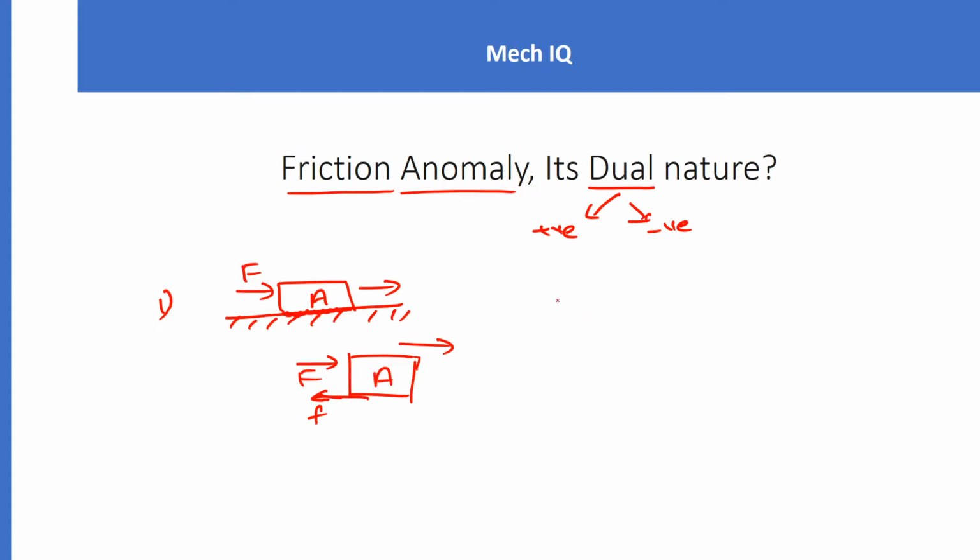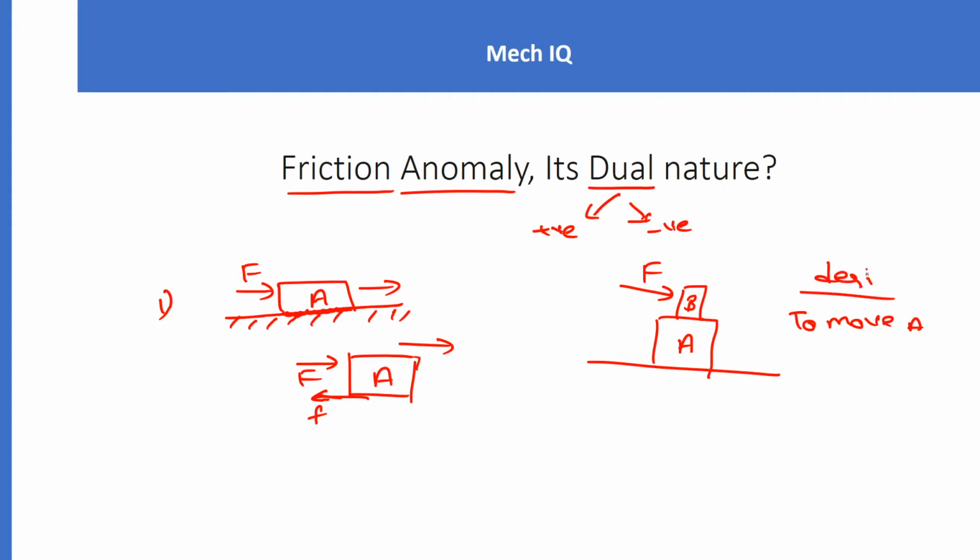So let us say another example where an object A is there and an object B is there. Now you apply force on this object, but your desired outcome is to move A. So what should you do? You have to increase the friction here.